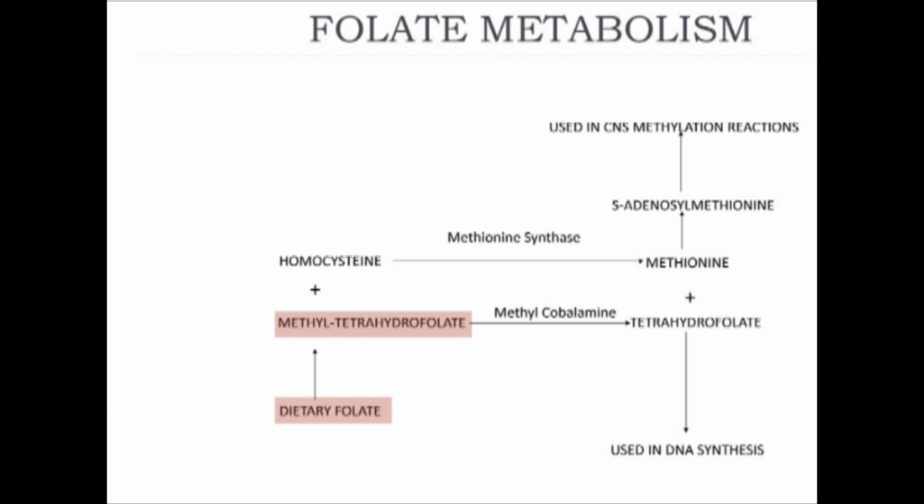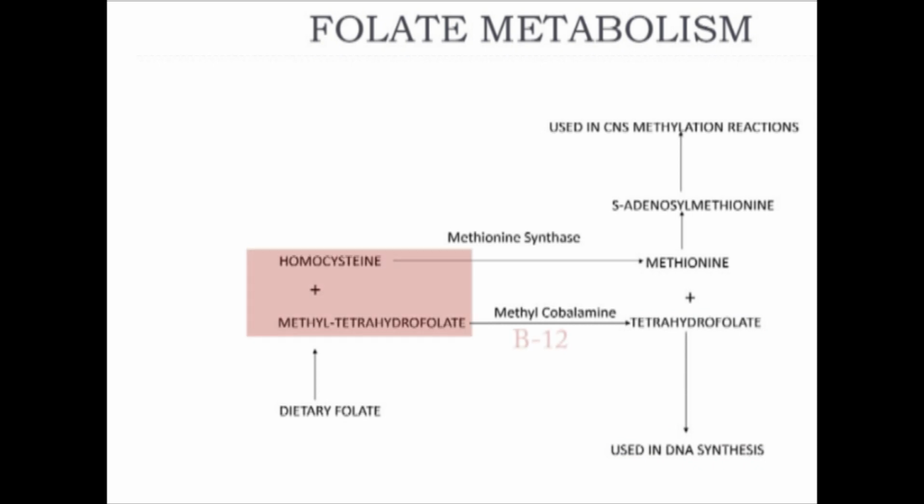This methyl tetrahydrofolate needs methylcobalamin, otherwise known as B12, in order to become an active form of folate, which is tetrahydrofolate. This tetrahydrofolate then is biologically active and capable of being used in DNA synthesis.